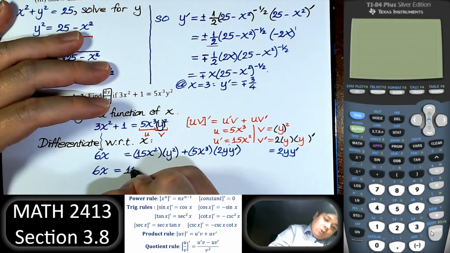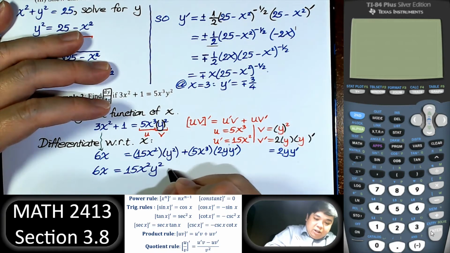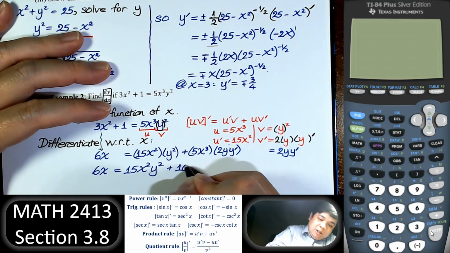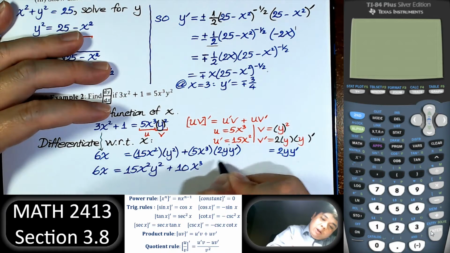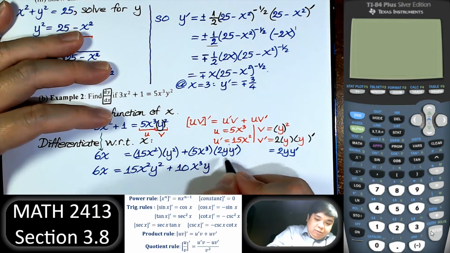That's 15x squared y squared, 5 and 2, that's 10 x cubed y, and then y prime.